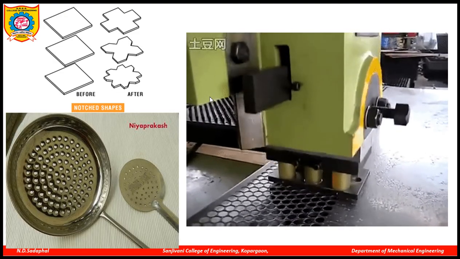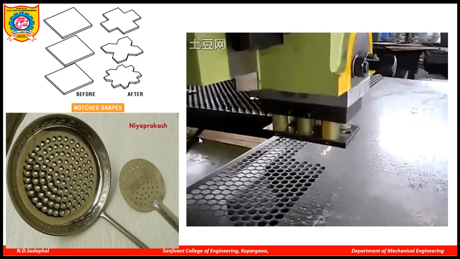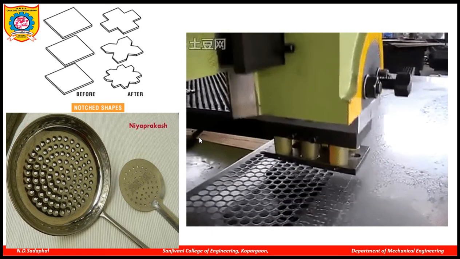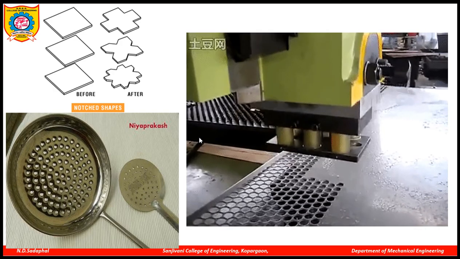Now next is metal forming. We have seen the metal cutting processes, where some part of the metal sheet is removed from the workpiece and then the required shape is obtained. So it is called a metal cutting process.